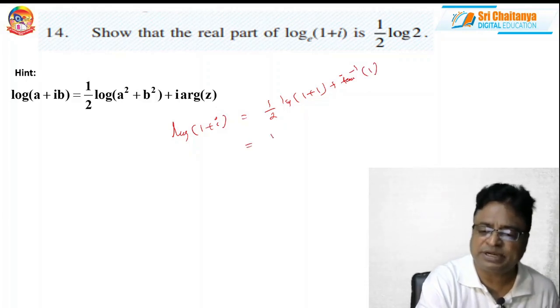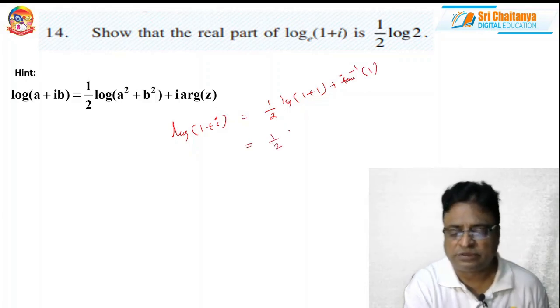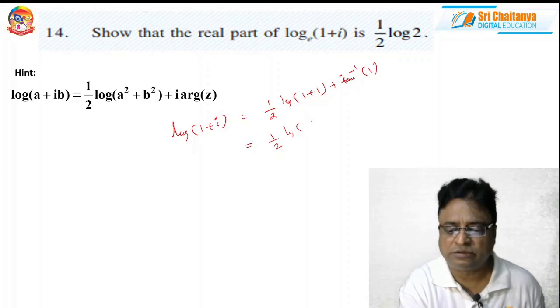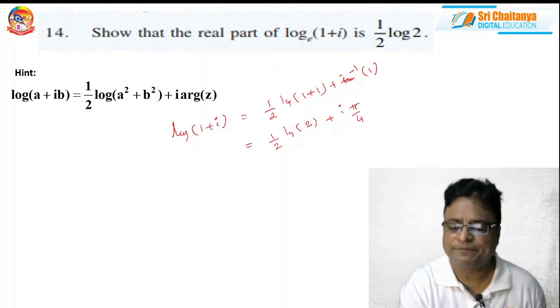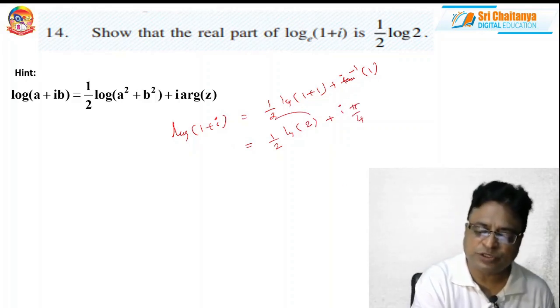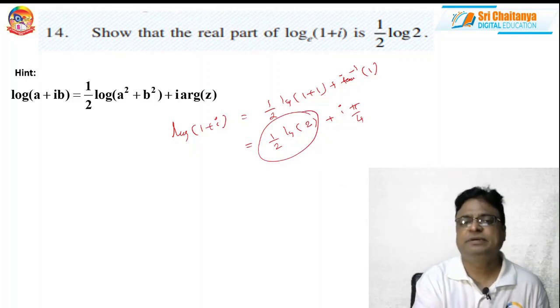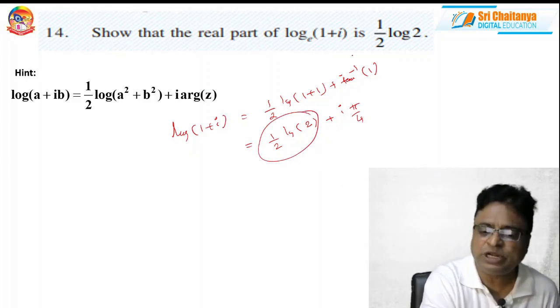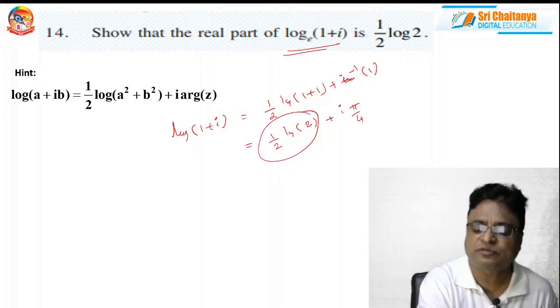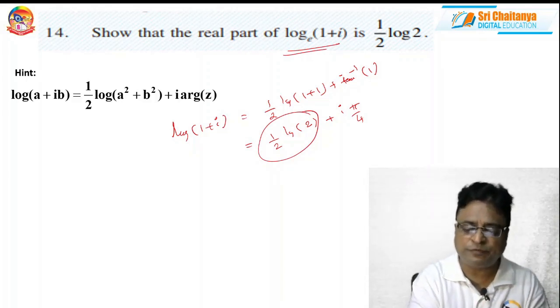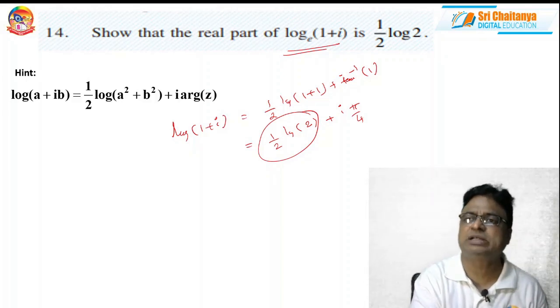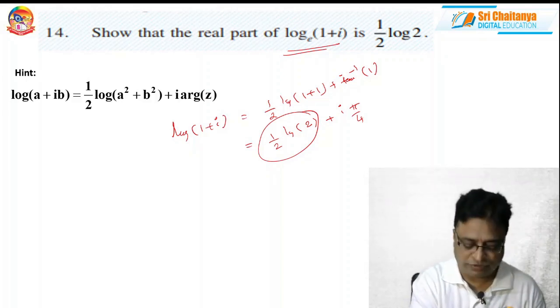So this is simply half log (1 plus 1), that is 2, plus i arg z, which is pi by 4. But I want the real part only. So this is the real part. Enough. And moreover, here only logarithm base e is given, small l is given, so this is the principal argument. And they are asking you to find the real part only. So my answer is half log 2. Okay?